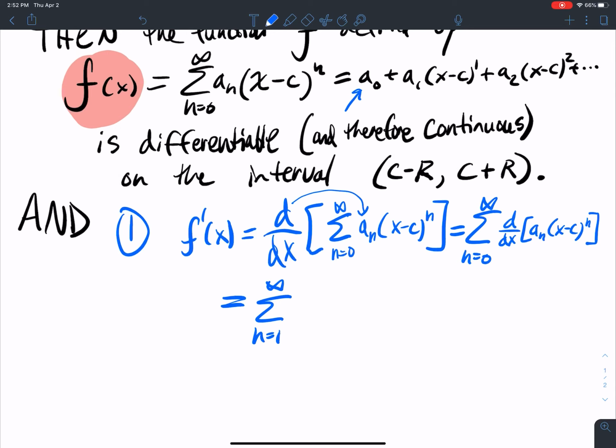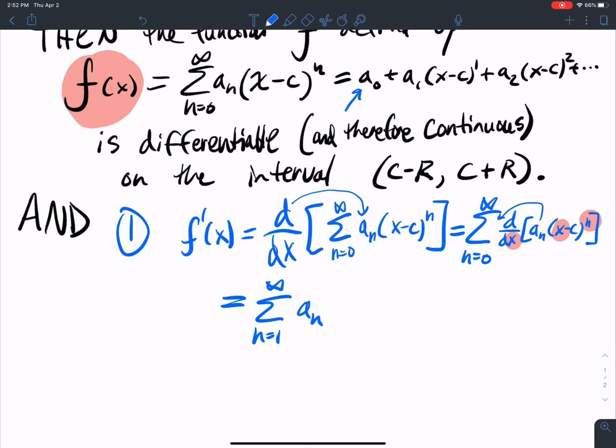Now I'm taking the derivative with respect to x, so the constant a n comes out front. Really the only thing I'm taking the derivative of, I'm using the chain rule, is x minus c to the n, right? So the a n comes out front, okay? Since it's a constant, it can come out in front of the derivative.